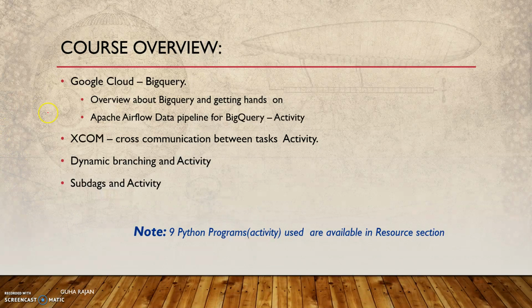We'll take up BigQuery. BigQuery finds extensive use in big data, wherein you can upload the source data into BigQuery, something like a relational database. The only thing is, BigQuery queries the data in a much faster way because we'll be using Google's environment.